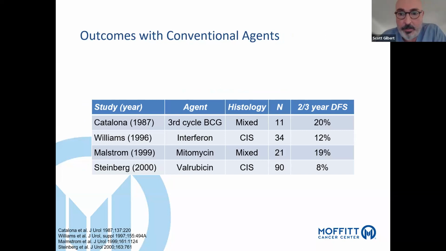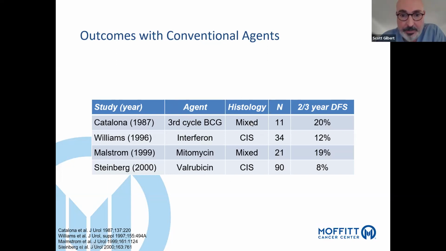So the outcomes associated with conventional agents, like a third cycle of BCG or interferon after BCG has been administered, or single agent mitomycin or valrubicin.